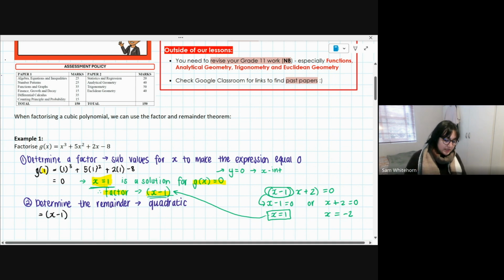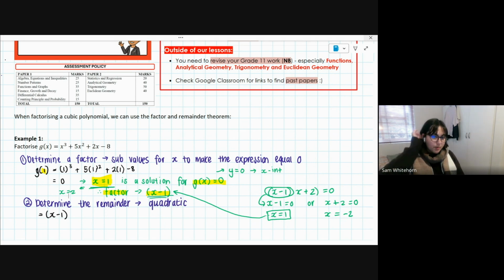If my solution was x equals 2, my factor bracket would be x minus 2. If it had been x equals negative 2, then my factor bracket would be x plus 2. So we're taking it just one step back before we got the actual solution for x, and we're figuring out where it came from. So what factor did we have in order to get the solution of x equals 1?